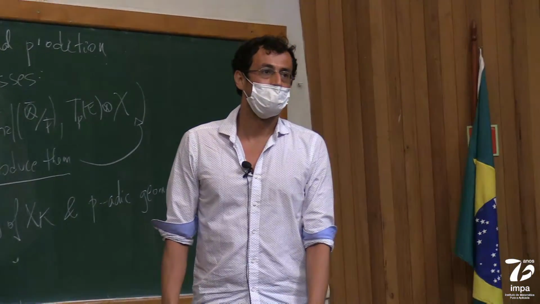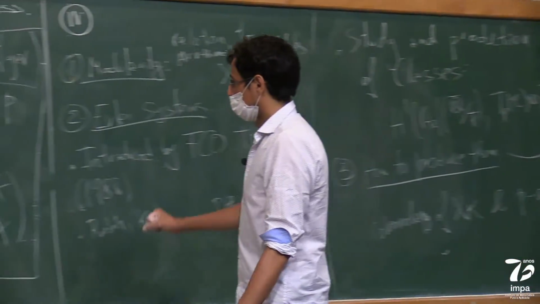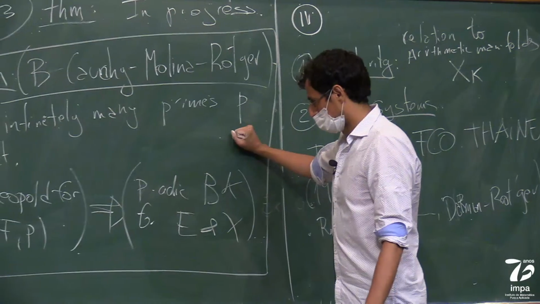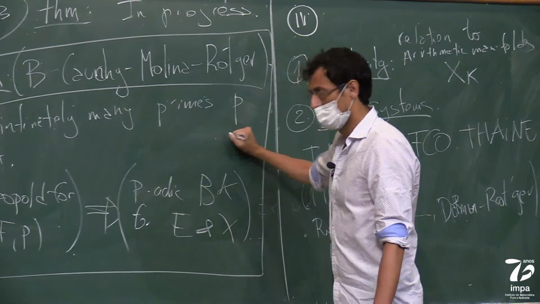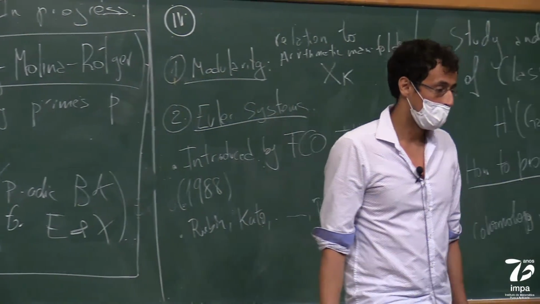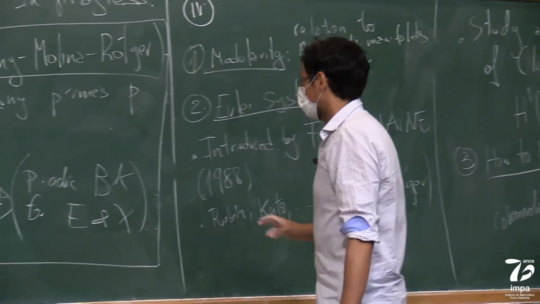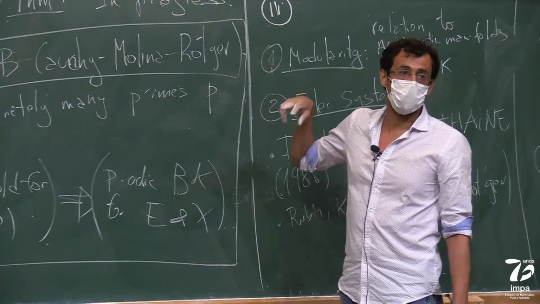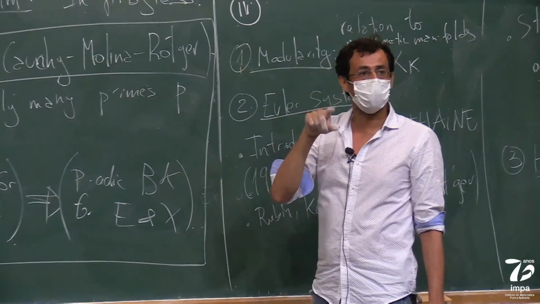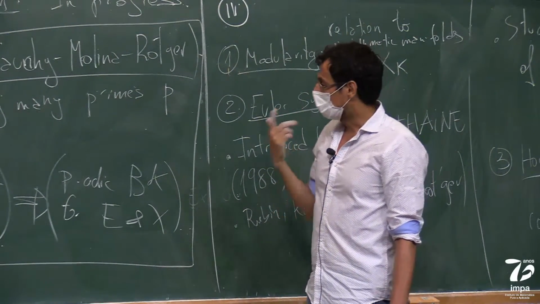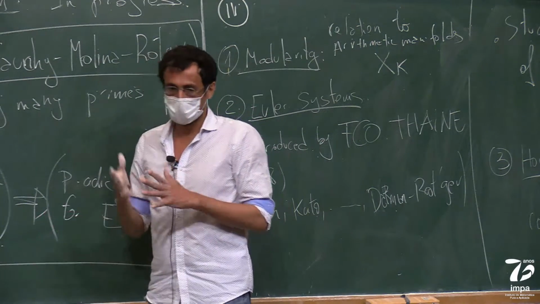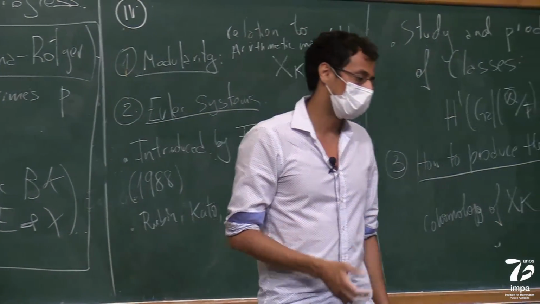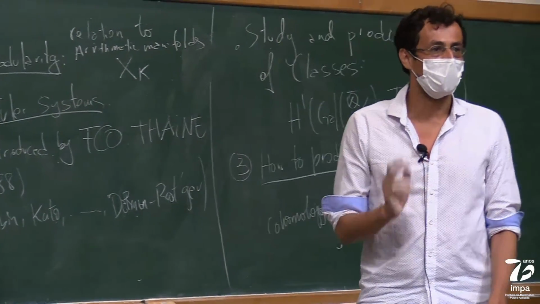You said you have been able to prove that for infinitely many primes, but for how many of them, like the density, is it very big? Firstly, you need the prime P to be totally split in F, so that you already have 1 over the degree of F over Q. And then you need one more piece of information to study some eigenvariety, so maybe there needs to be less than that.